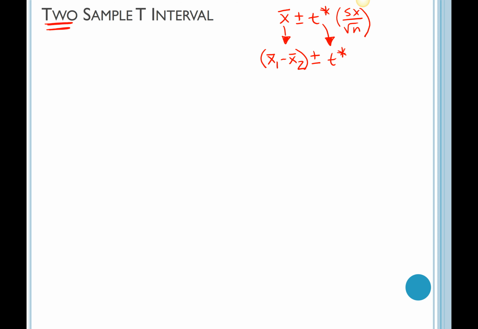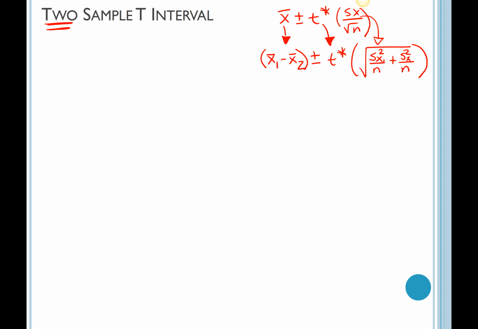Now that might be a little bit more different to calculate, but we're going to go through it. The standard deviation of the statistic is going to be similar to the sampling distribution of the difference of two means. So we are going to take the square root of s sub 1 squared divided by n sub 1, and then add that to s sub 2 squared divided by n sub 2.